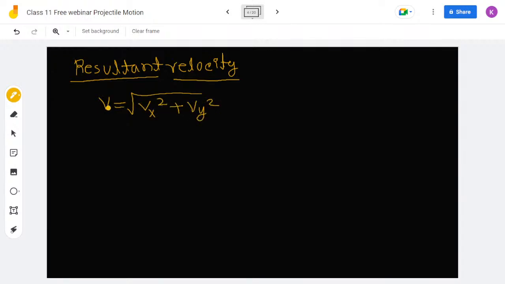If we try to find out the resultant velocity, we can say that the x component square plus y component square, and the square root of that, is the resultant velocity.